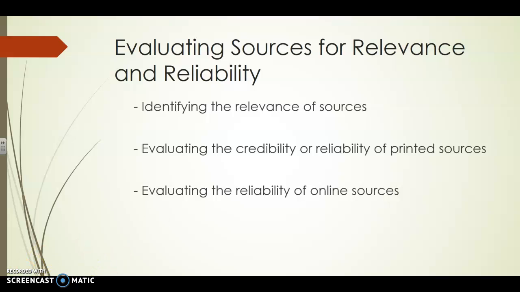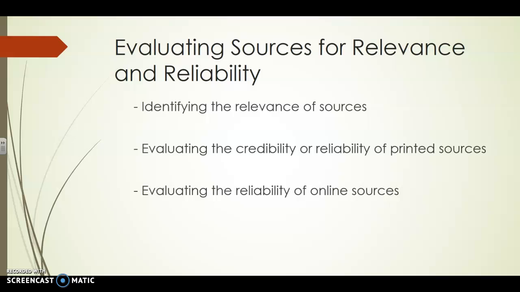Again, the bottom line is you will come across a number of academic sources in your literature search, but you have to be selective. You have to pay attention more to those sources that you find relevant, credible, and reliable.